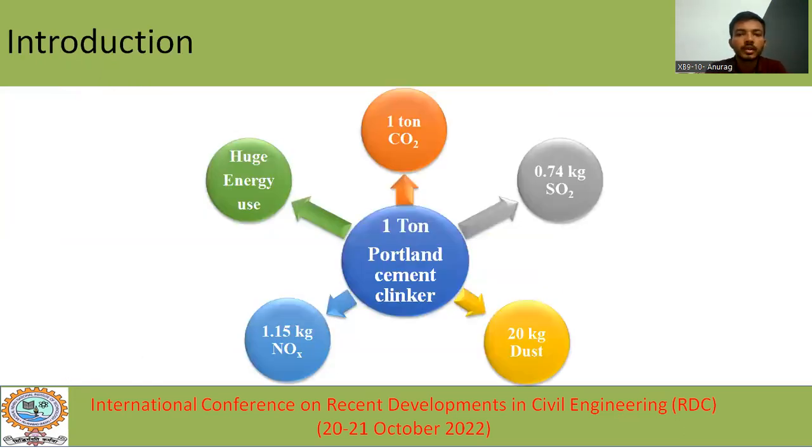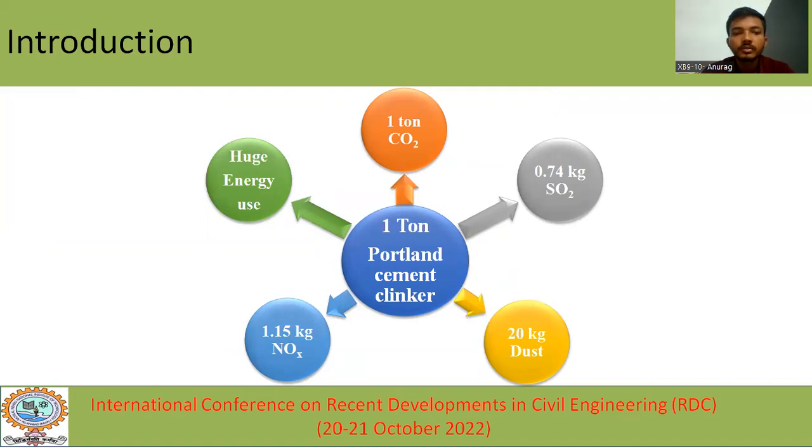So as we all know, the manufacturing of 1 ton of Portland cement clinker leads to the production of around 1 ton of carbon dioxide, 0.74 kilogram of SO2, 20 kilogram of dust, and 1.15 kilogram of NOx gas.